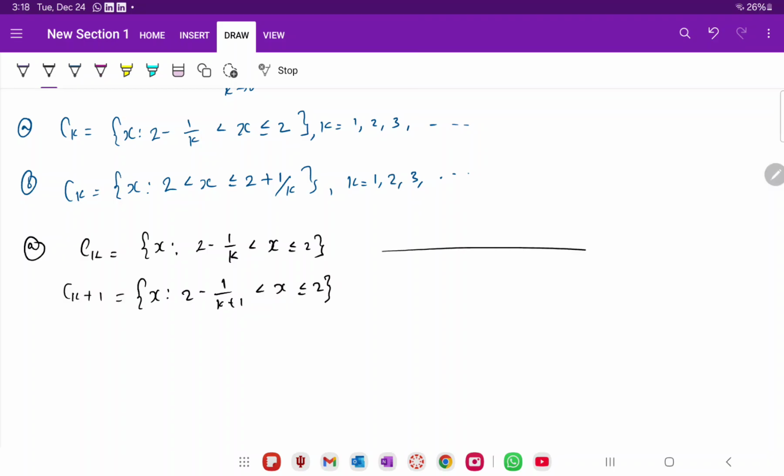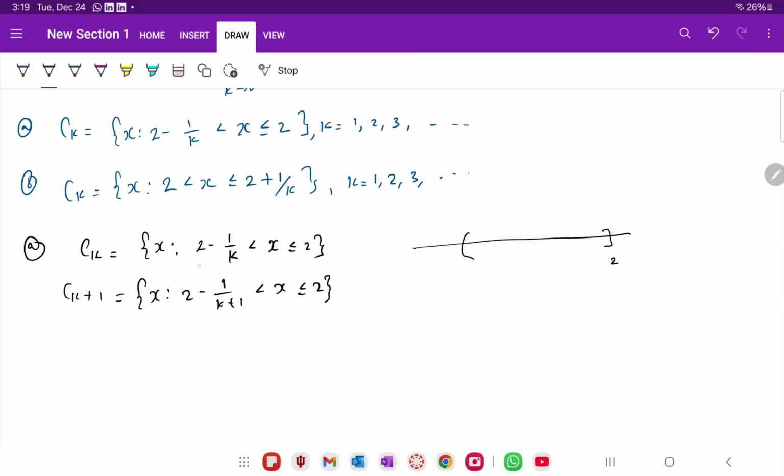If we check for C1, this is half closed.